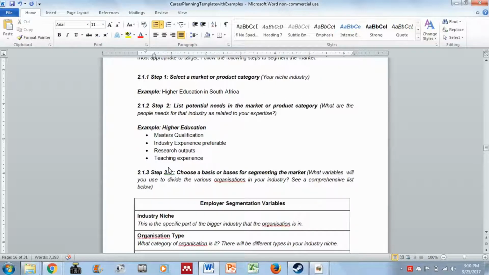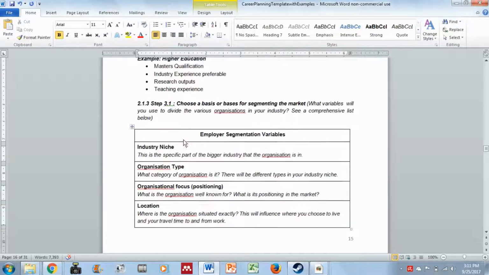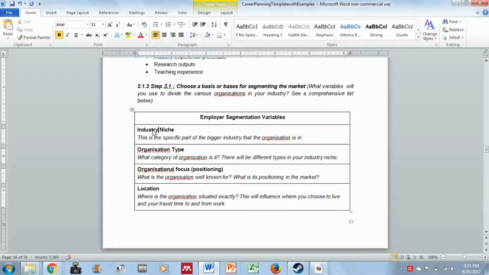Then step 3.1, choose a basis or bases for segmenting the market. Which variables will you use to divide the various organizations in your industry? And here I give the various employer segmentation variables. Okay, industry niche. This is the specific part of the bigger industry that your organization is in. Remember we have segmentation variables for products and services.